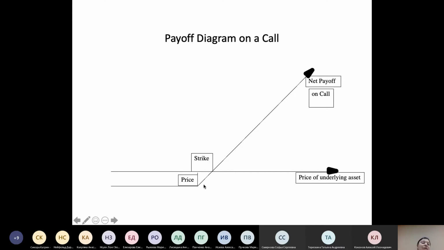And on this picture, you can find the strike price, our predetermined price. And certainly, don't forget about the premium, which we have to pay for our option. This premium is quite changeable according to the conditions.